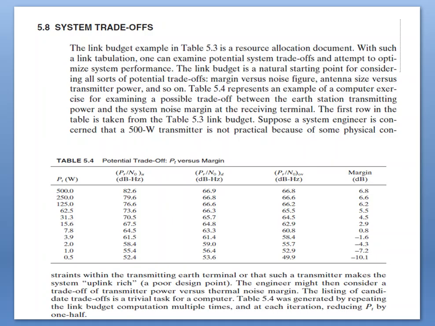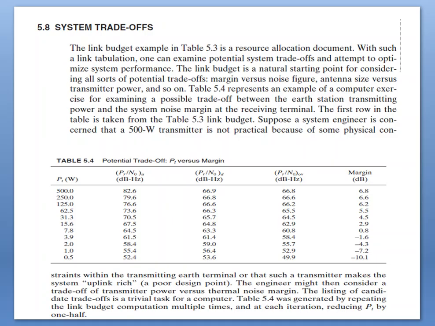The system engineer need only peruse the list to find likely candidates. For example, if an engineer were satisfied with a margin of 3 to 4 dB, it appears he can reduce the transmitting power from 500 watts to 20 to 30 watts.